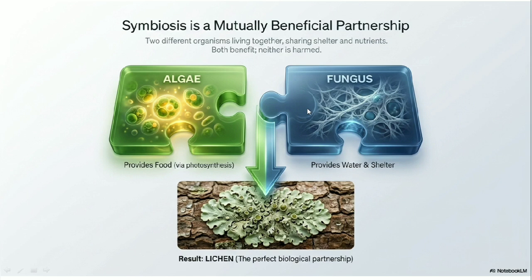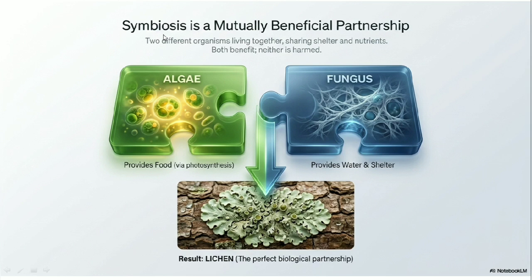An example for this is algae and fungus. The alga provides food from photosynthesis, and the fungus provides water and shelter. The result here is lichen, the perfect biological partnership, which we call symbiosis.